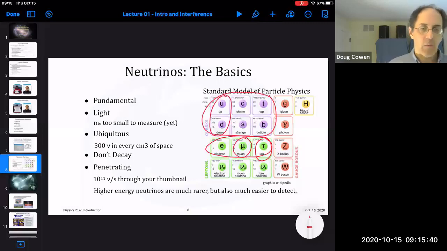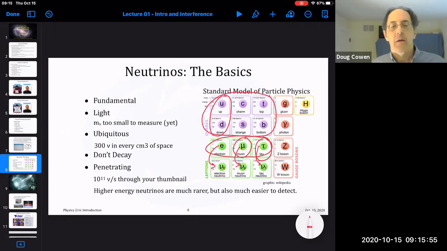In fact, 1 muon from the atmosphere goes through your body every minute or so. And then associated with each of these charged leptons is a neutrino. So there's an electron, a muon, and a tau neutrino. And so neutrinos make up fully, if you look at this list here, 3 of the 12, or 1/4 of the fundamental particles that are known to make up all matter in the universe.